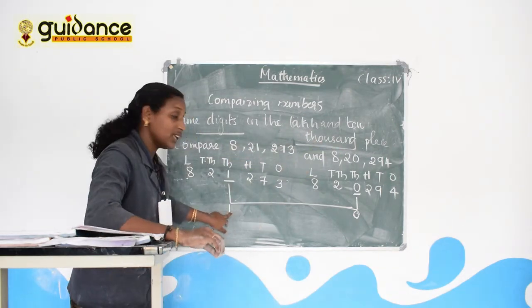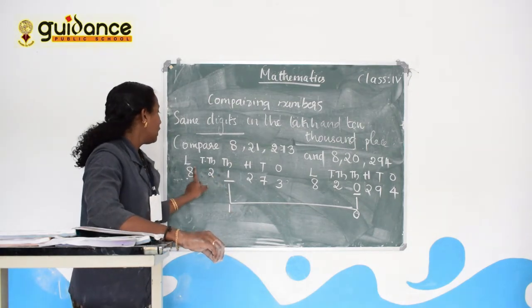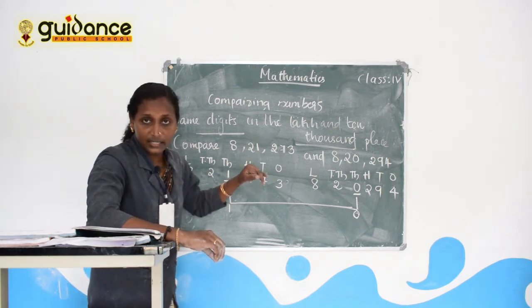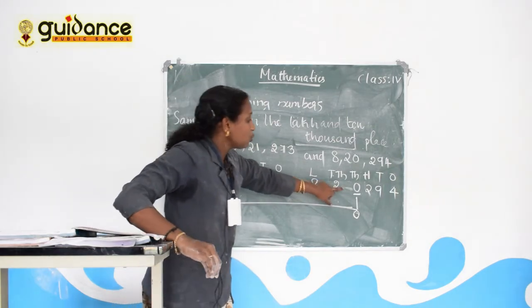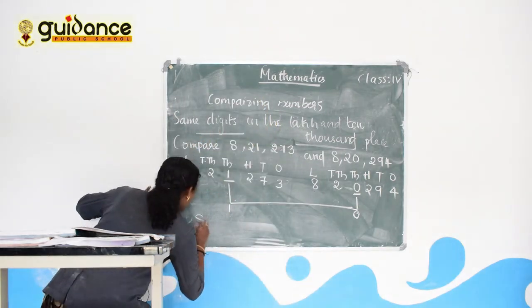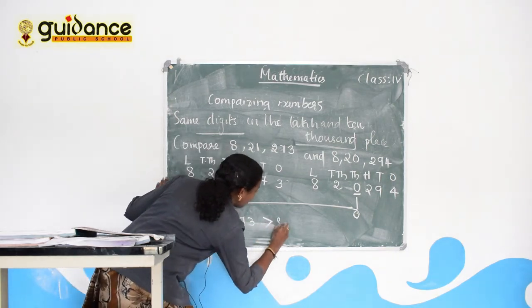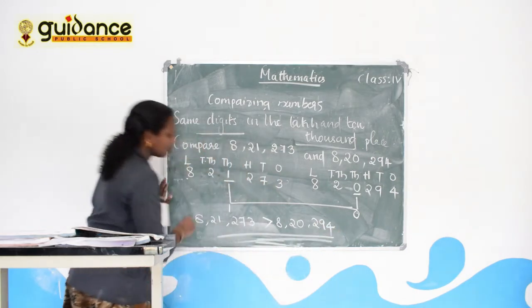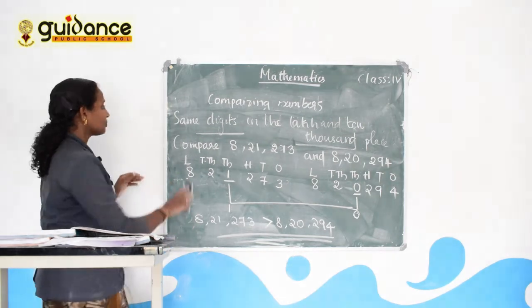That means 8,21,273 is greater than 8,20,294. Okay, so next.